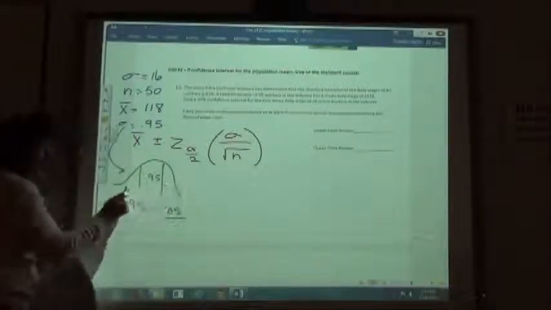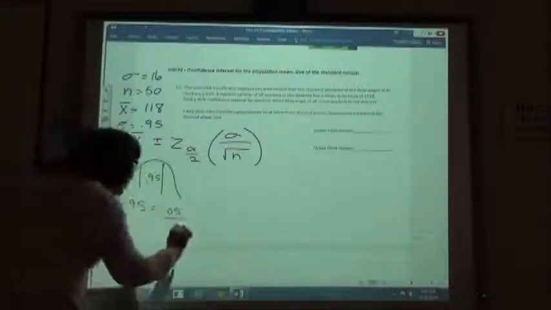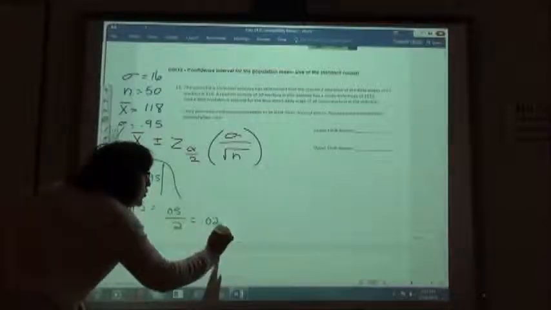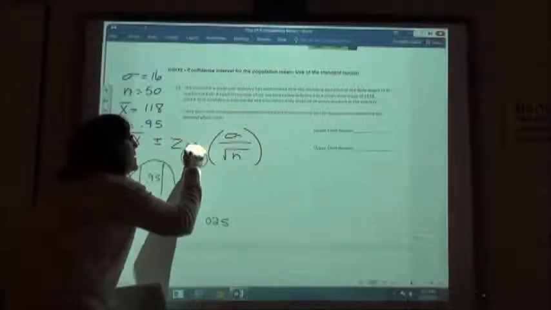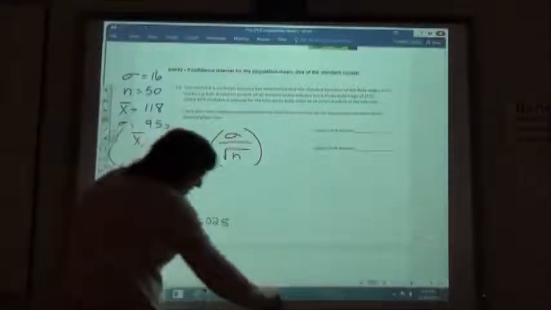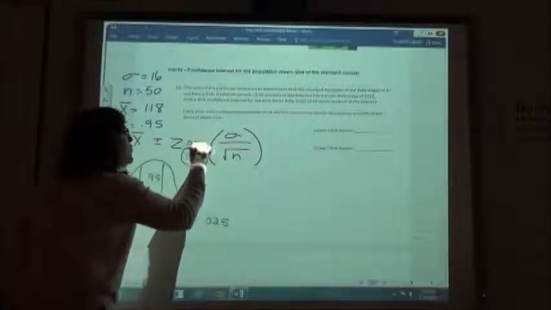0.05 would be both of the two sections, but we only want one of the sections, so we're going to divide it by 2. And so we're going to use 0.025, and that's going to go in here for this value. Let me erase that so I can write it so you can read it. 0.025.